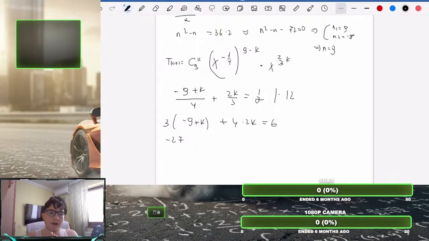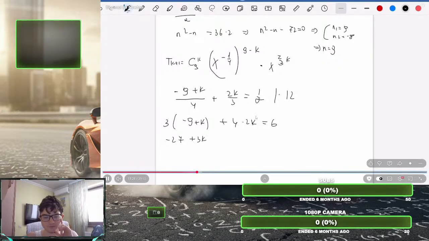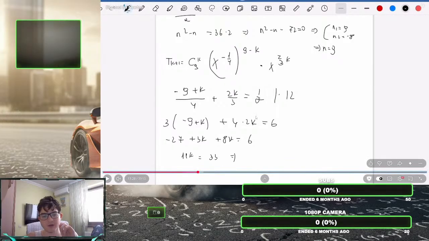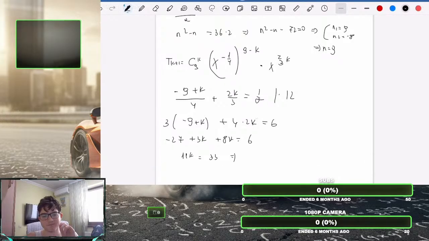So good like that. And so minus 27 essentially plus 3k plus 8k equal with 6. So 11k equal with 33. Not 35, 33.